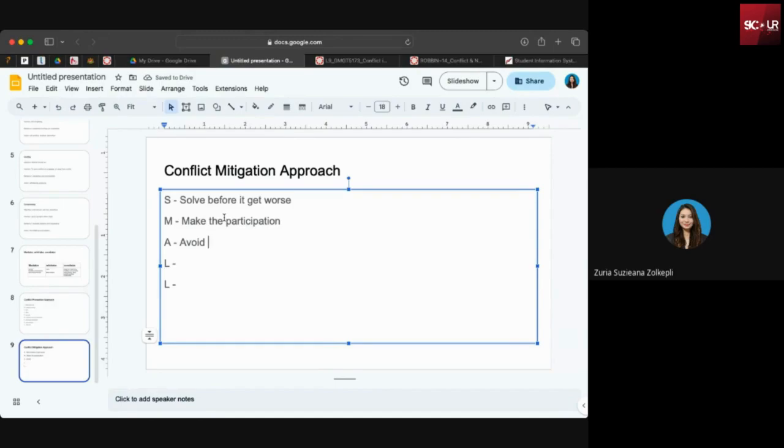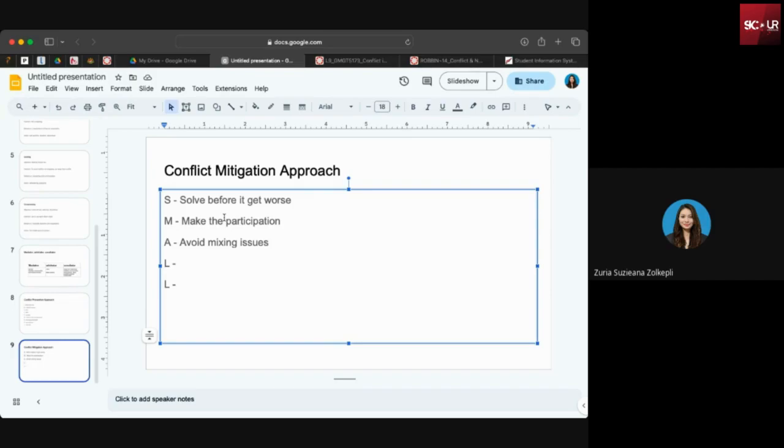avoid. So focus one by one, all right? Avoid mixing issues. You have to focus one by one. And then don't drag ataupun don't divert ataupun don't include other people yang tak ada kena-mengena, okay? Unrelated individuals in your issue ataupun conflict, right?